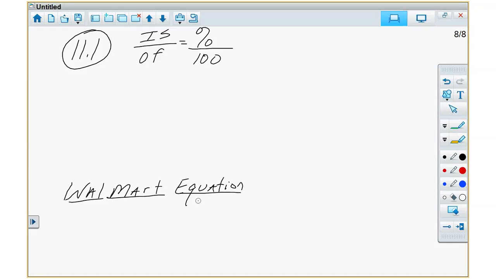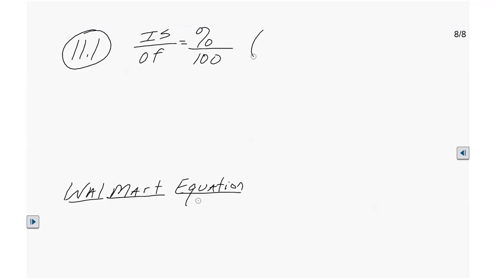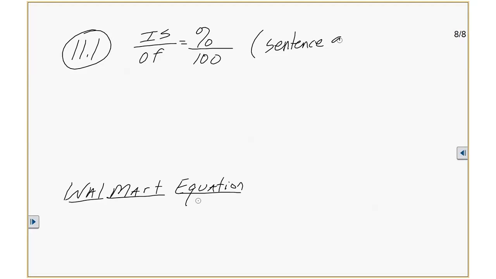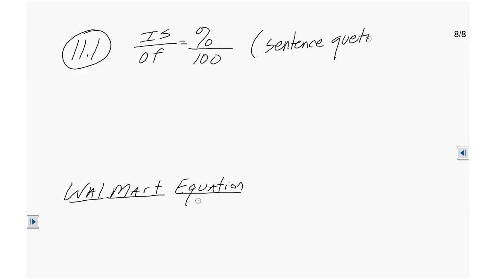Now, with "is over 100," the percent proportion, I tell students that these go with your sentence questions. Y'all seen them?